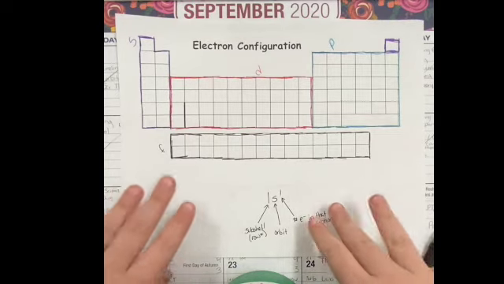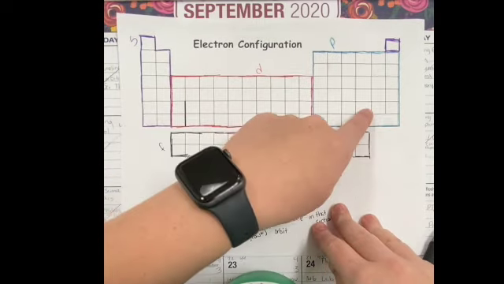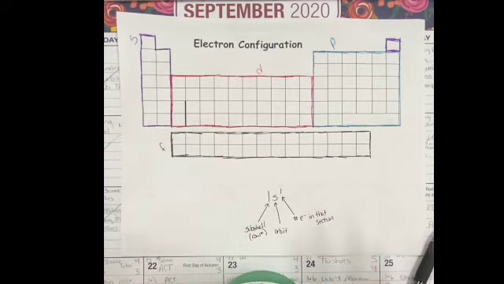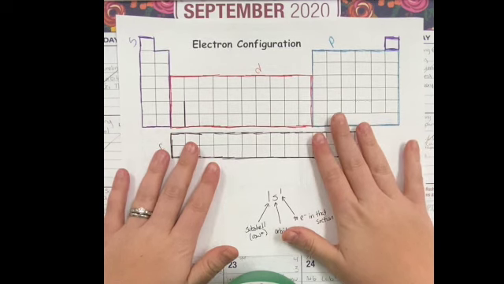So today I'm going to show you how electron configuration works. You notice here I have 4 different sections: the S, the P, the D, and the F, and we'll talk about why I have it split up that way in your digital notebook if you're a virtual learner. If you go to the next slide, you'll see where it says click here for a blank periodic table. Go ahead and open that, because you'll need to fill this out just like how I'm filling it out right here on a piece of paper.